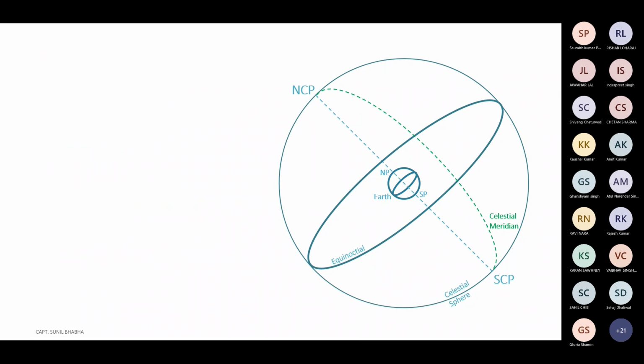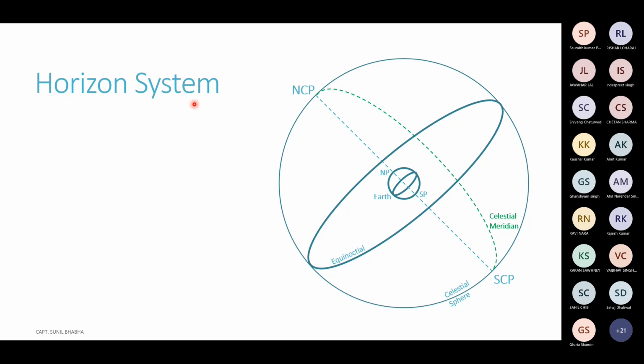Now, having understood the concept of celestial sphere as well as the equinoctial system of reference, let's move on to our second very important system of reference, which is known as the horizon system of reference. This is the second reference system which we use to specify the position of any celestial body on the celestial sphere.